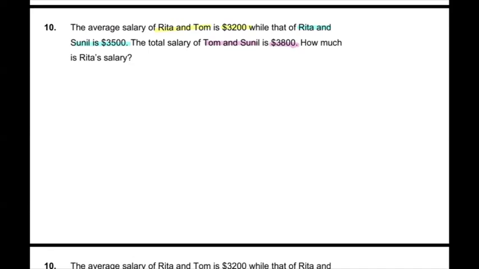So how do you solve this? Since this is an average, in order to find the total amount of Rita and Tom, you will need to multiply it by 2. Same thing, Rita and Sunil average is 3,500. So to find the total salary, you will also need to multiply it by 2.